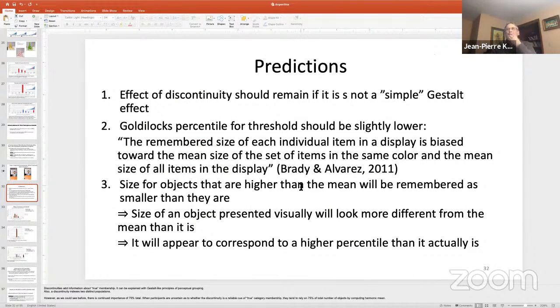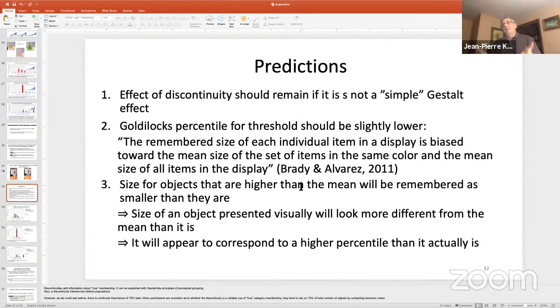Okay, so now our predictions were that the effect of discontinuity should remain if it's not a simple Gestalt effect, namely people look at the entire array of objects and then scan them and then divide them into tall and not tall.